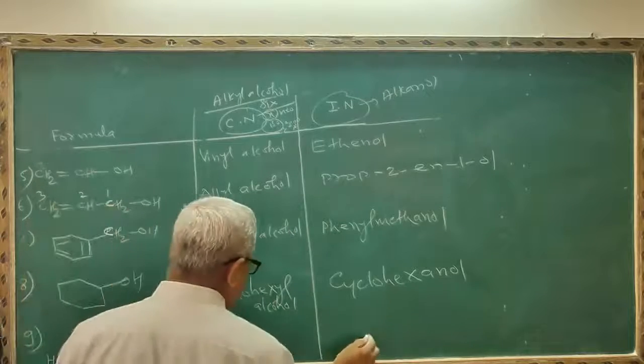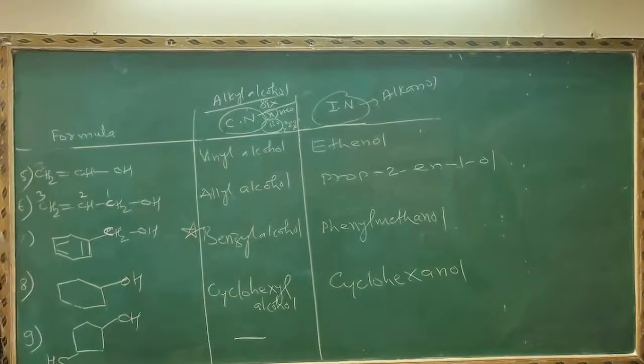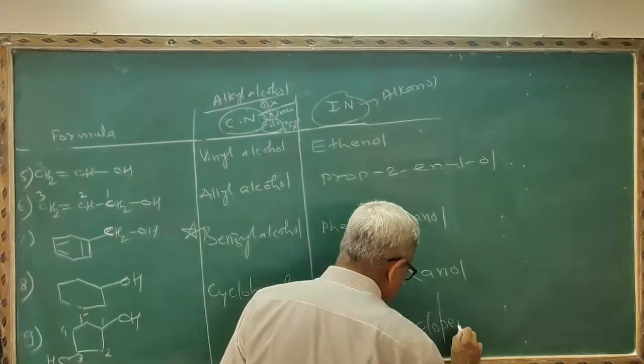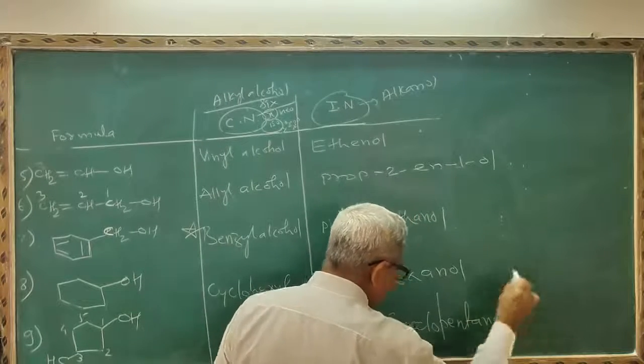Now what is the common and IUPAC name of this one? See, give the numbering 1, 2, 3. Numbering clockwise is correct, anticlockwise is wrong. 1, 2, 3, 4, 5. It contains 5 carbon atoms, therefore it is a derivative of cyclopentane. Remember that.